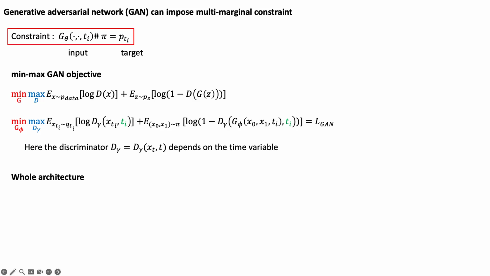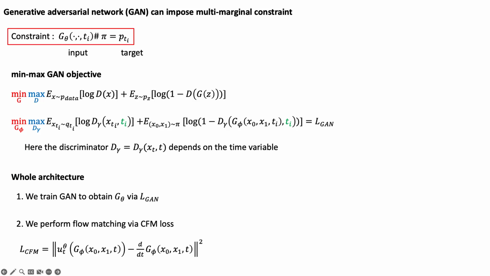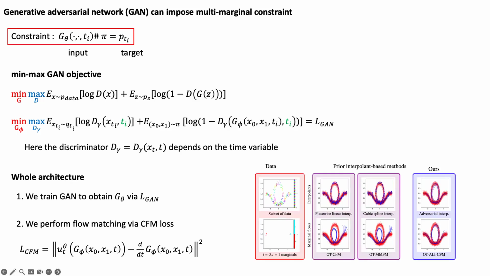Okay. So the whole architecture in brief, two sentences, is the following. You first train the GAN to match this constraint condition. Then you perform the flow matching using this interpolant. So you minimize the conditional flow matching loss and you obtain the true one.